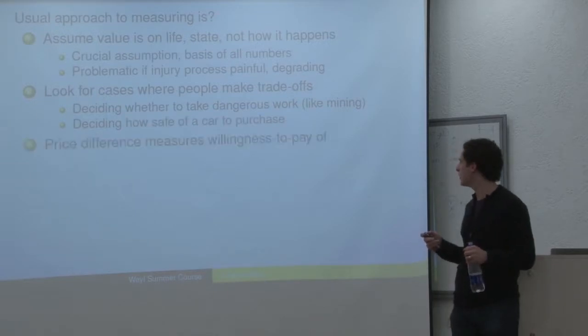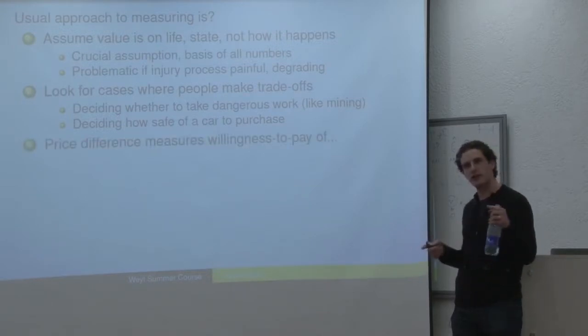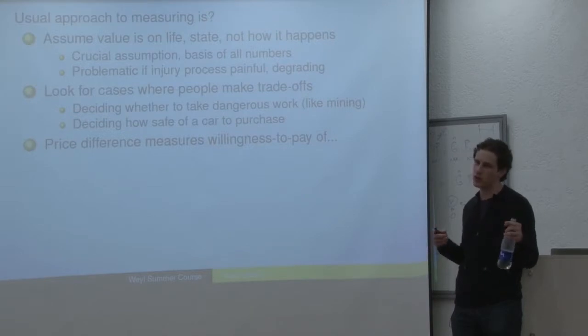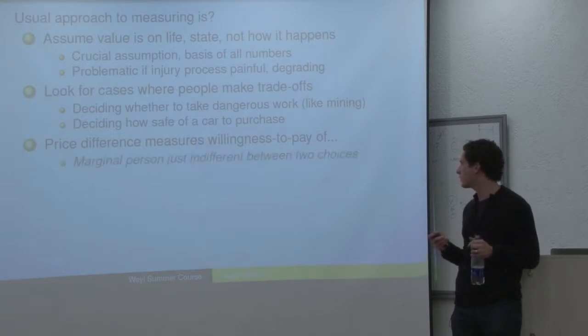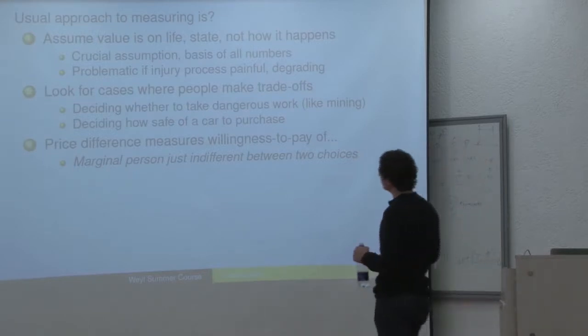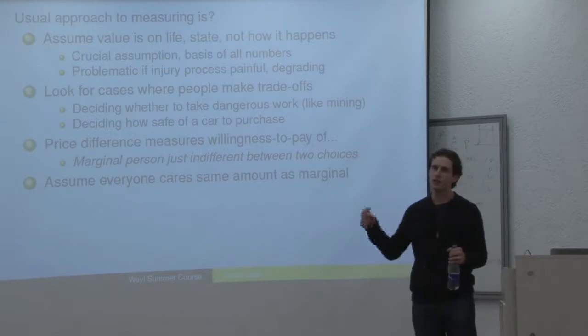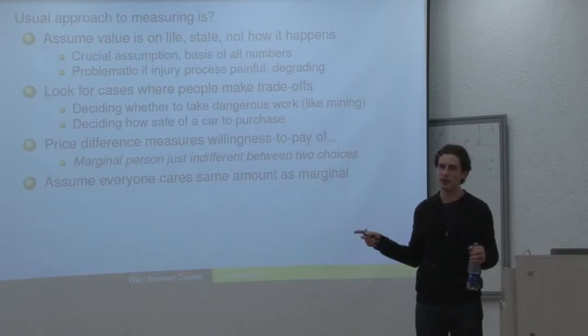And then you look at how much more people pay for a safe car than a less safe car. Then you look at the price differential between those two things, either wage differential or price differential, as a measure of people's willingness to pay. Because the marginal person between those two things is just indifferent between the two choices.